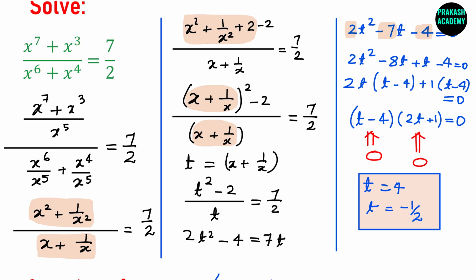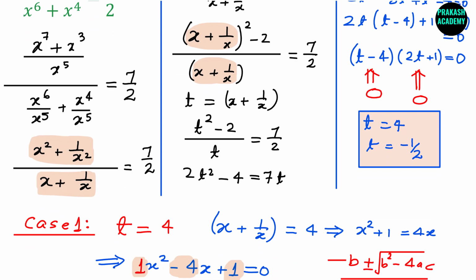If x is negative, less than 0, then this term will be negative because of the odd power, x cube, and this will be positive. Negative by positive will be negative, but on this side we have a positive number. So this means x cannot be negative. So this means x is greater than 0.